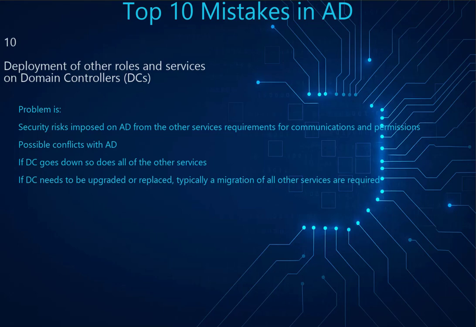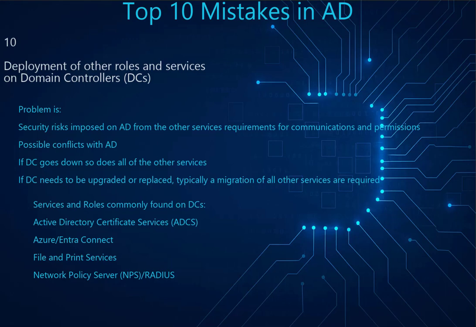Some of the other roles and services commonly co-located and found on DCs, unintentionally installed and unaware that they could cause issues, that I've found in the past, are Active Directory Certificate Services, ADCS. Now this one is a real trouble to migrate.